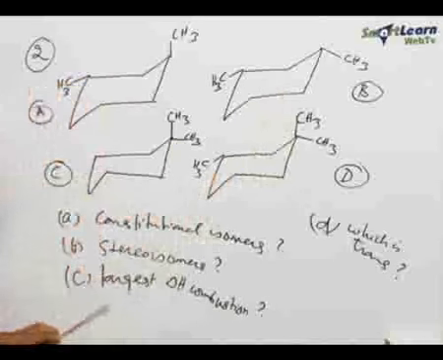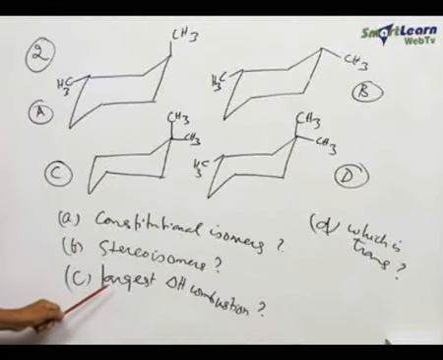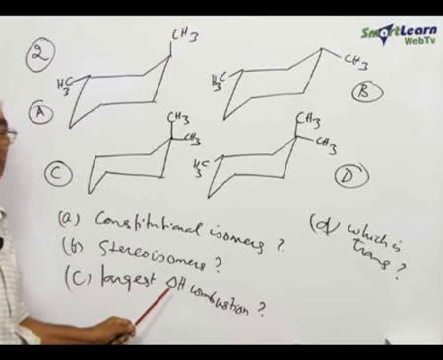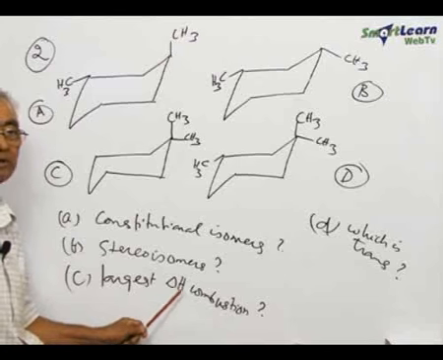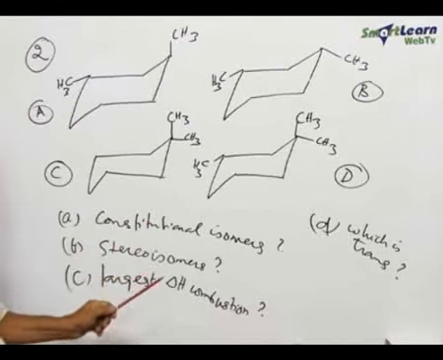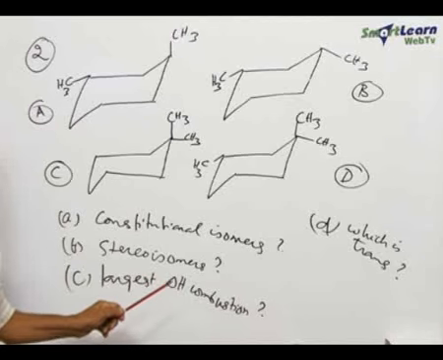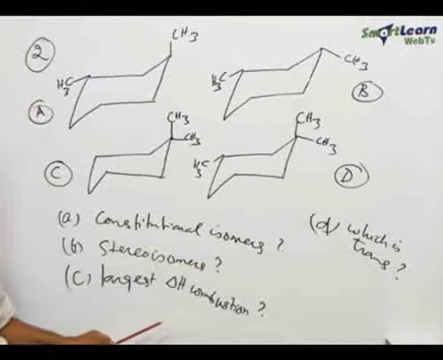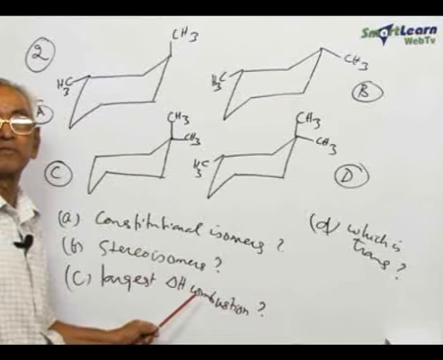Now coming to the third question, which one of these compounds will have the highest delta H, heat of combustion value? As we discussed in the earlier question, an organic compound containing the highest number of carbon atoms will have the highest heat of combustion.